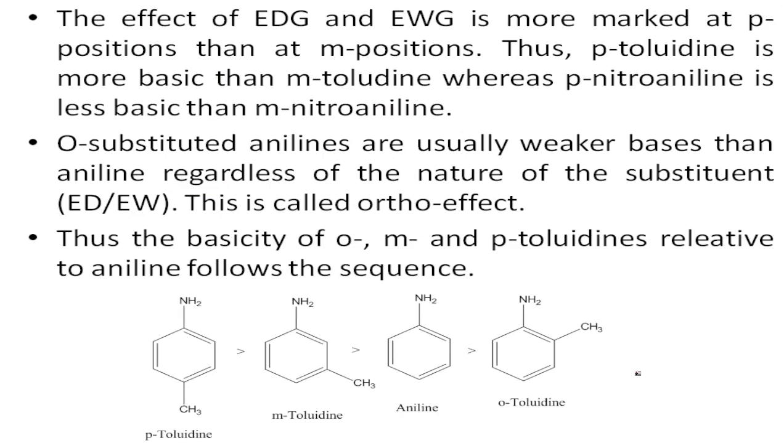Thus, para-toluidine is more basic than meta-toluidine, whereas para-nitroaniline is less basic than meta-nitroaniline. Ortho-substituted anilines are usually weaker bases than aniline regardless of the nature of the substituent. This is called the ortho effect. Thus, the basicity of ortho, meta and para-toluidines relative to aniline follows this sequence.